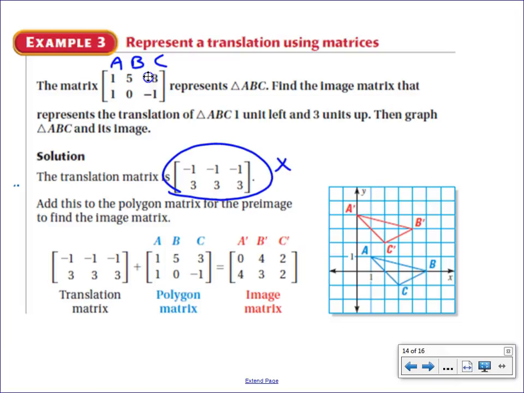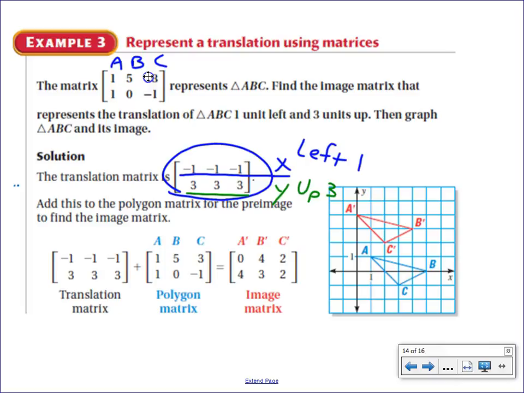Since the x-coordinates are usually on top in the matrix, we're going -1 in the x-coordinates. So we're going left 1. And then we've got the 3's on the bottom. Each point goes 3 units. That's the y-coordinates. So we're going up 3. Negative would be going down.